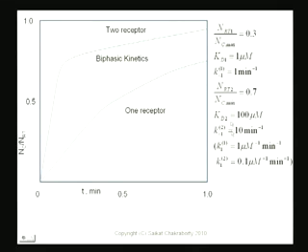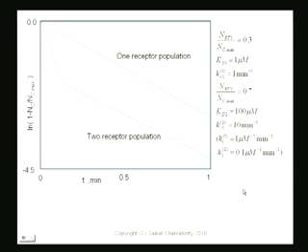So if that happens, then NC max will be nRT1 plus nRT2. As a result, nRT1 over NC max is 0.3 and this is 0.7, and the summation of these two would be 1, or in other words, NC max would be nRT1 plus nRT2. So the total maximum number of receptor complexes that can be formed is the sum total of the two kinds of receptors.